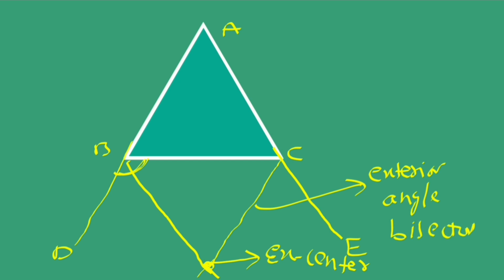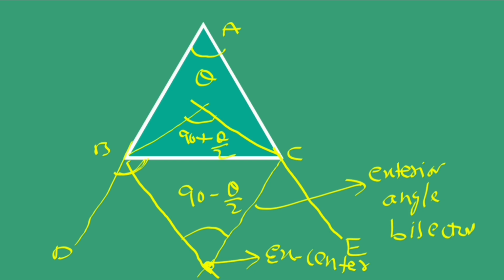Suppose at this A vertex the angle is theta, then this angle is equal to 90 minus theta by 2. As I said, when interior angle bisectors are there, this angle is equal to 90 plus theta by 2.